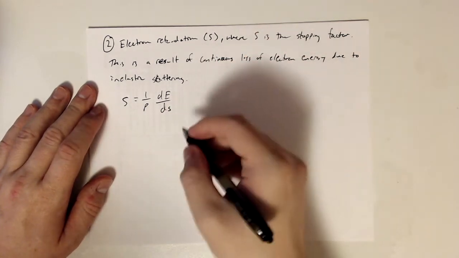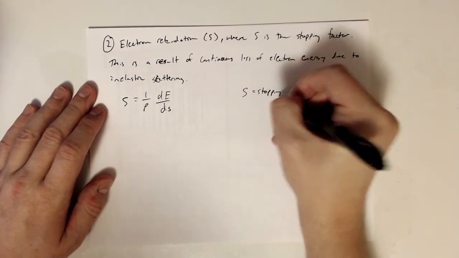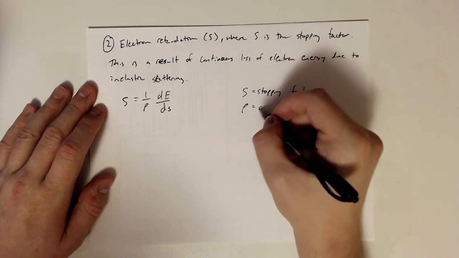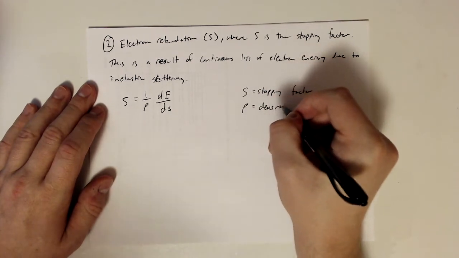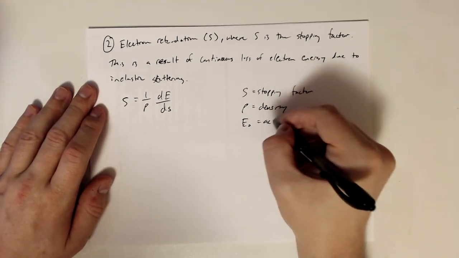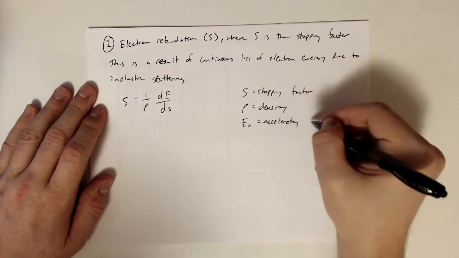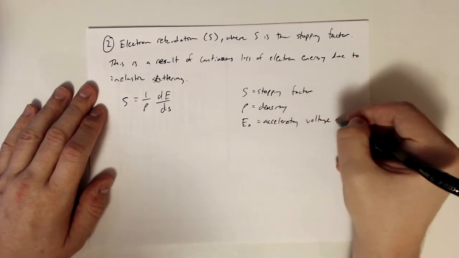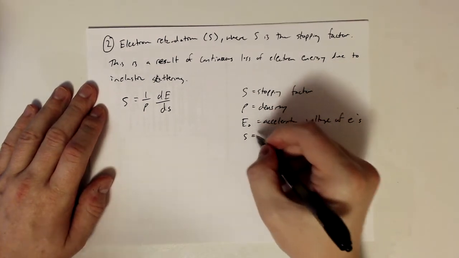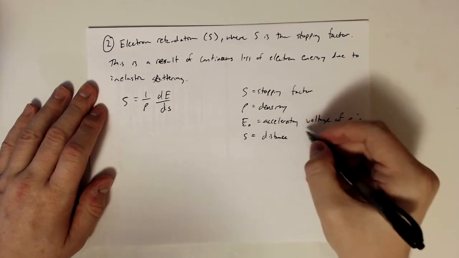So again, S is stopping factor, rho is density, E naught is the accelerating voltage of electrons. And s, lowercase s here, is the distance traveled by electrons.